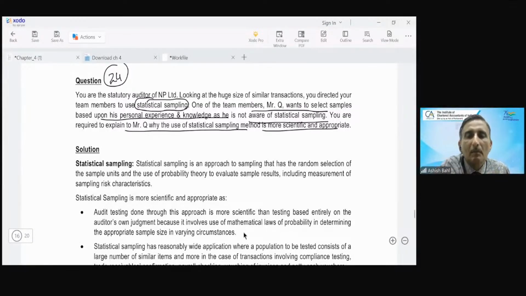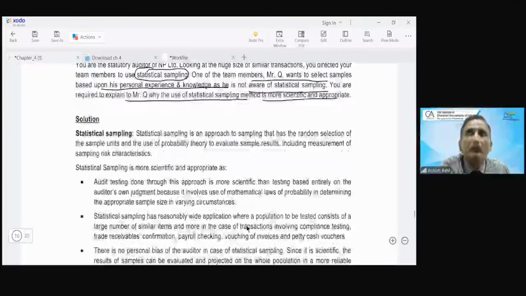These two conditions are to be met. So if samples are selected using statistical sampling, then better results are obtained because it is scientific and there is no bias. There is no personal bias of the auditor in case of statistical sampling.